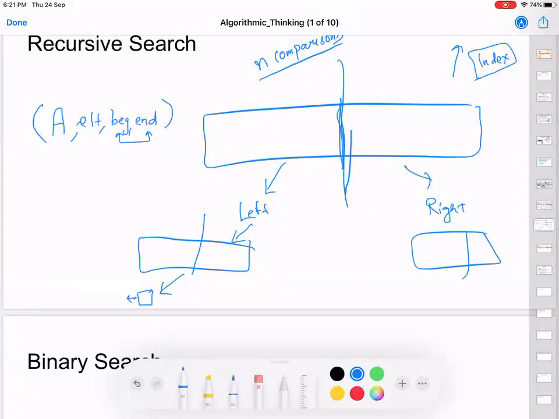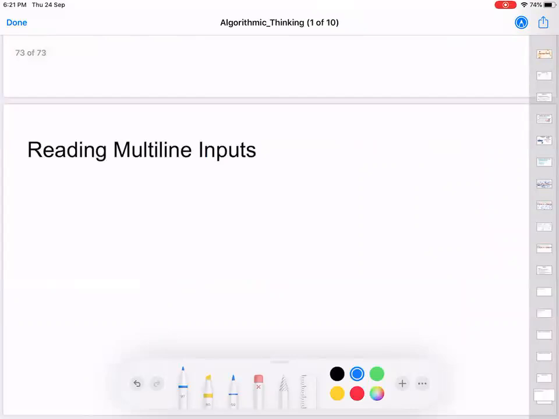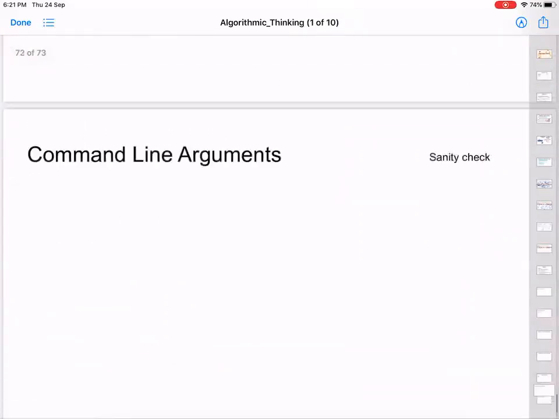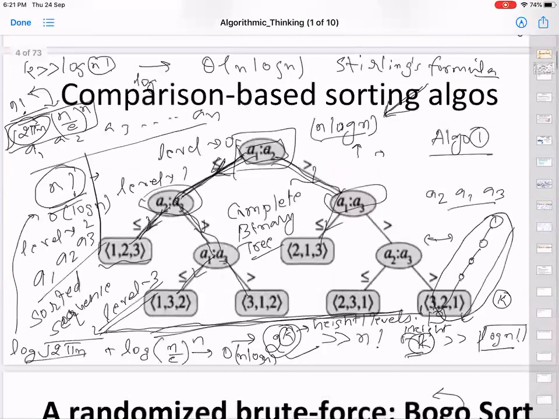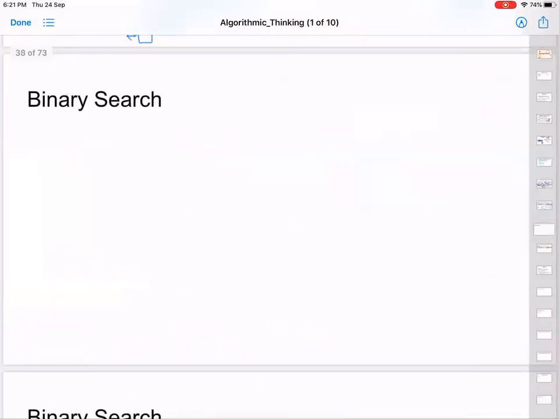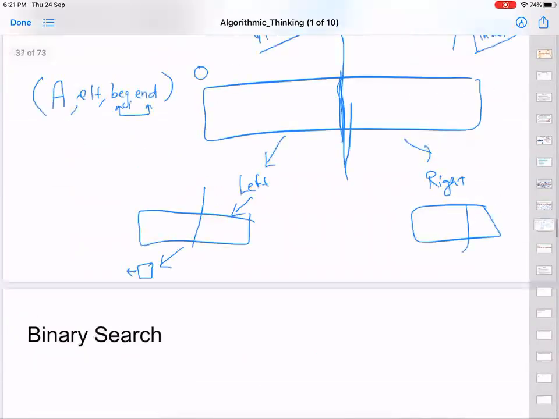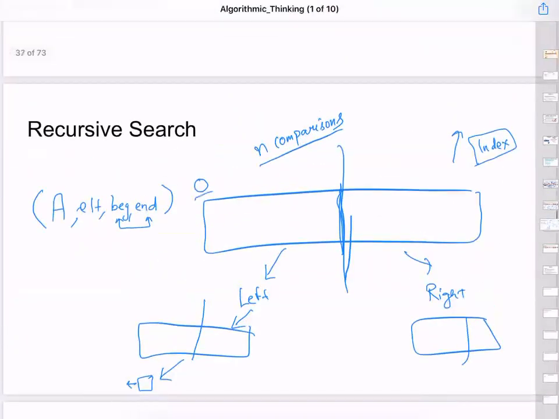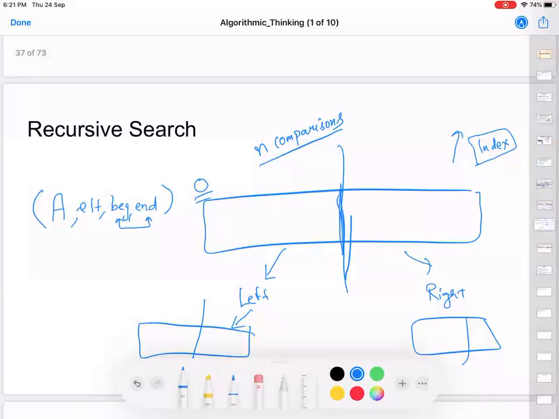So initially when I pass this array, I was given, let's say, beginning as 0 and this end as 256.